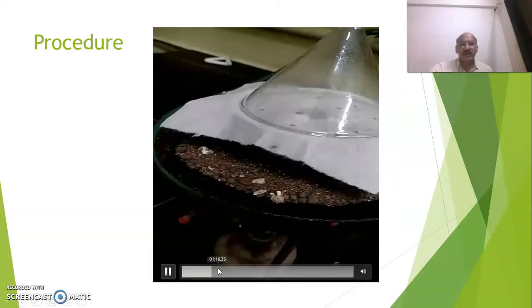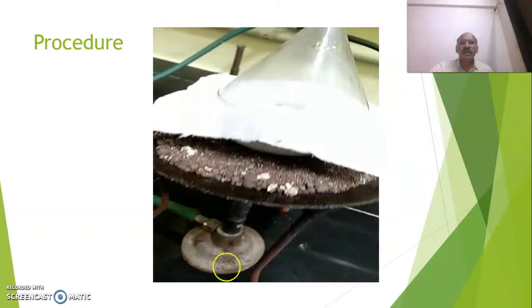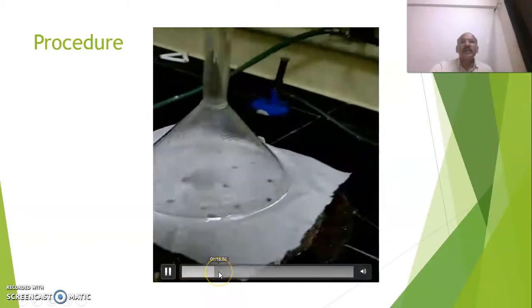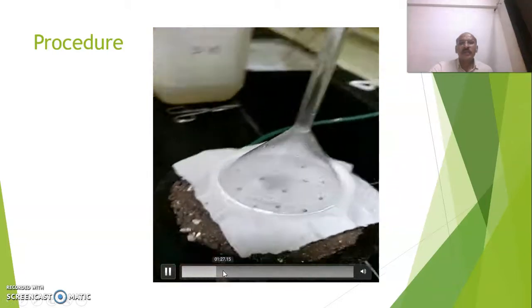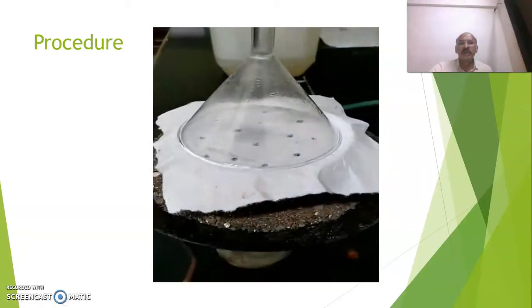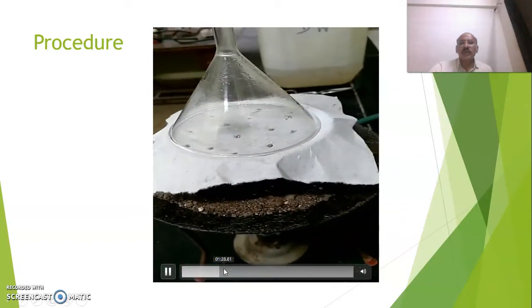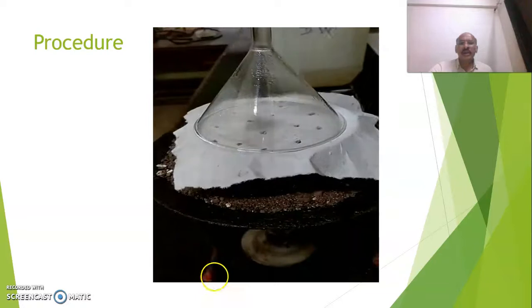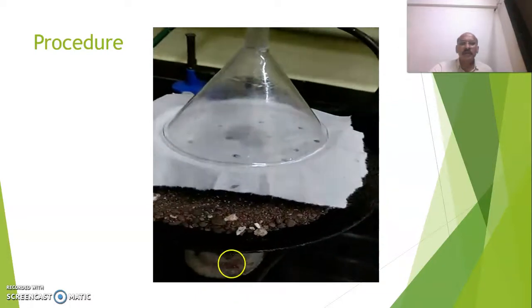Formation of the product in the vapor state will occur, and those vapors will be collected in the funnel portion, where they will be condensed to form crystals. The side product, water, will also be there as vapors. Those will be absorbed by the cotton plug.